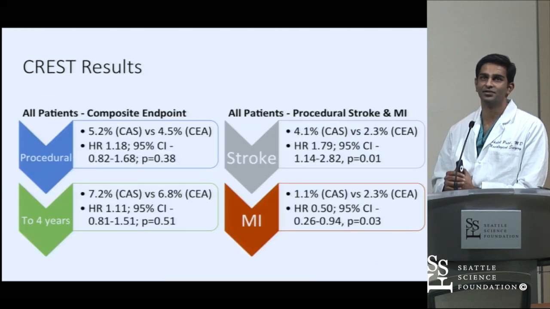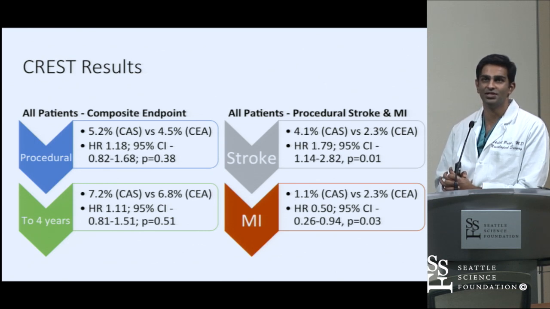But here's the actual data. Although the composite endpoint, as you can see, did not reach any level of significance even out to 4 years, if you look at stroke and MI and separate those two, you can see that there seems to be a benefit for endarterectomy.